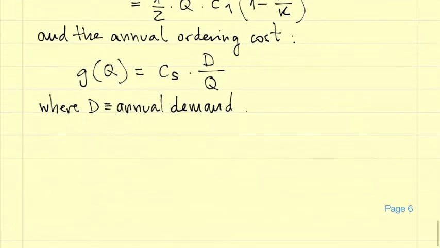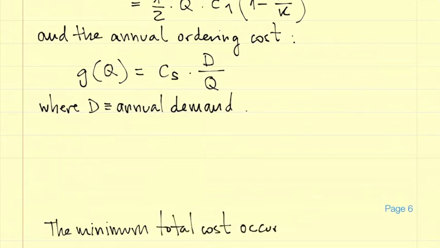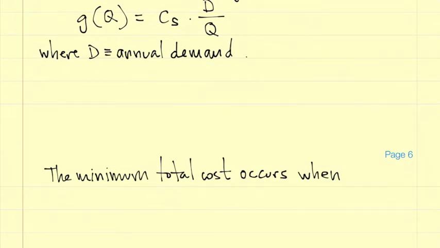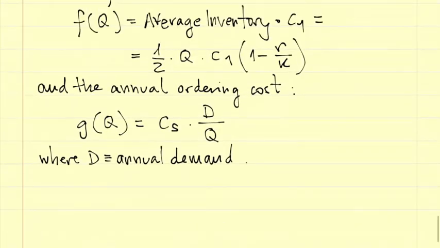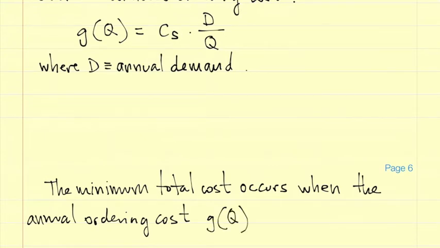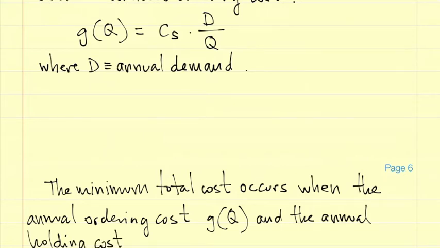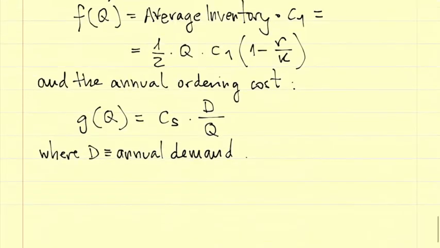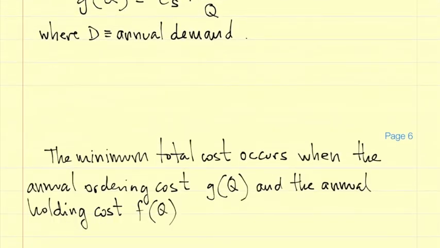As we had, the minimum total cost occurs when the annual ordering cost G of Q and the annual holding cost F of Q are equal.